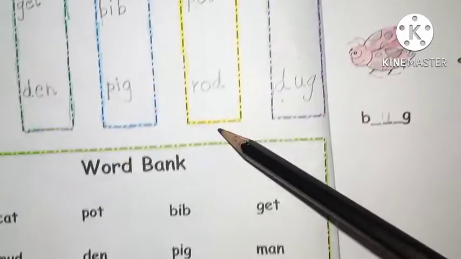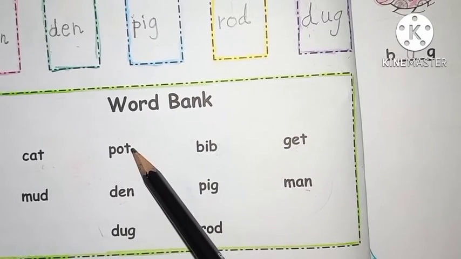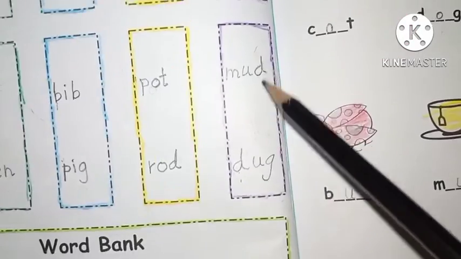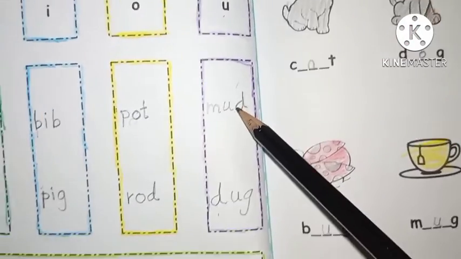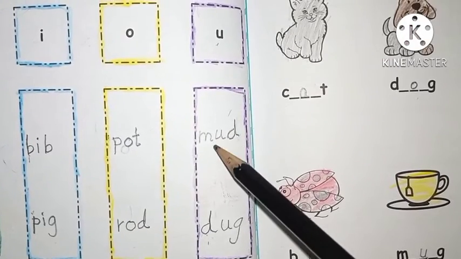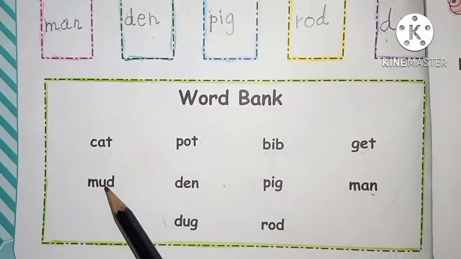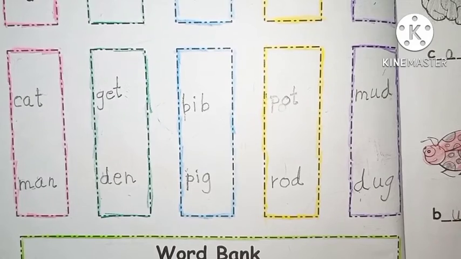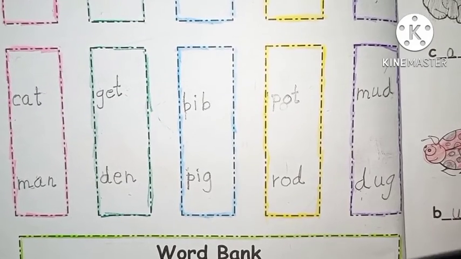Pot, rod. Vowel U, mud, dug. And we have to write all the vowel words from the word bank here.